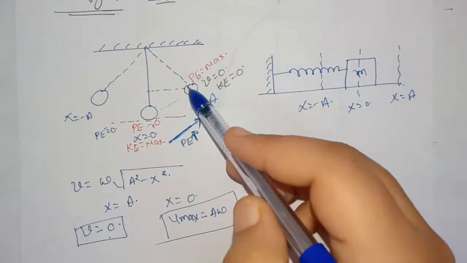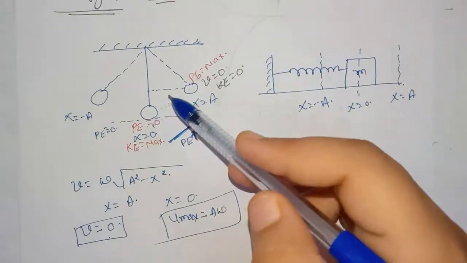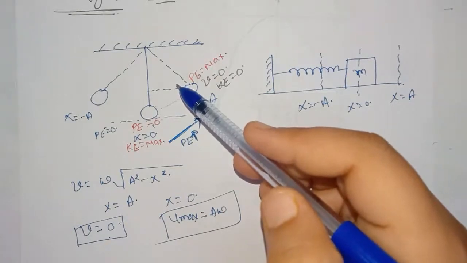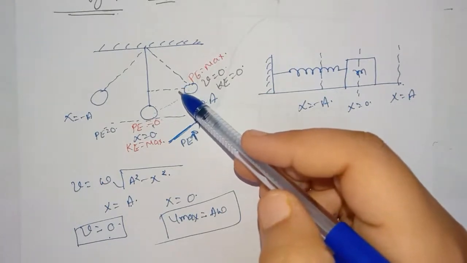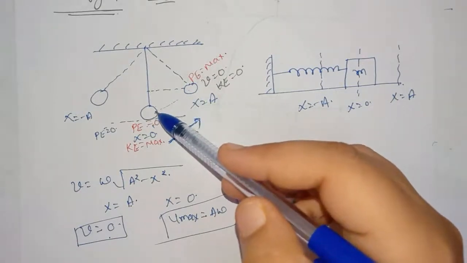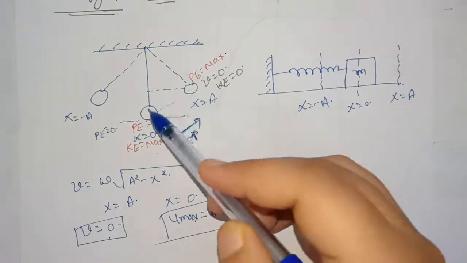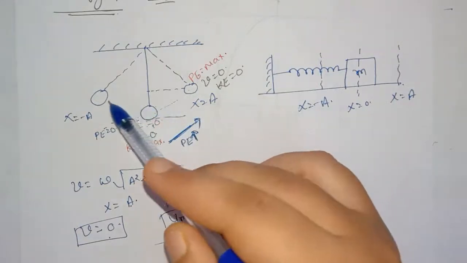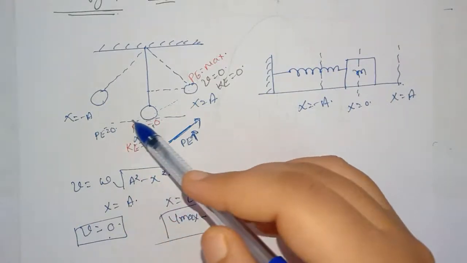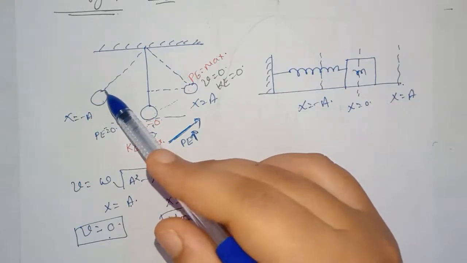Now again it will start to move towards mean position. Gradually its velocity will be increasing, so potential energy will decrease. Again at x is equals to 0, potential energy will be 0, kinetic energy will be maximum. Now it will move towards the another extreme position. Same thing will happen, potential energy will increase, kinetic energy will decrease.